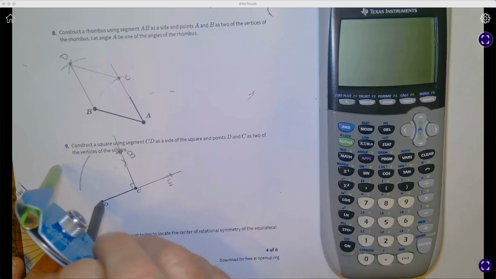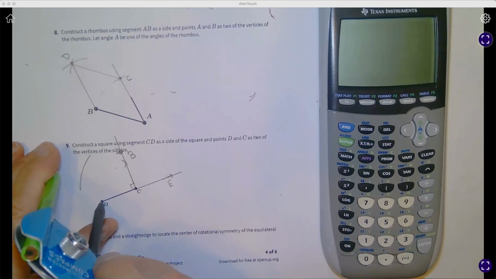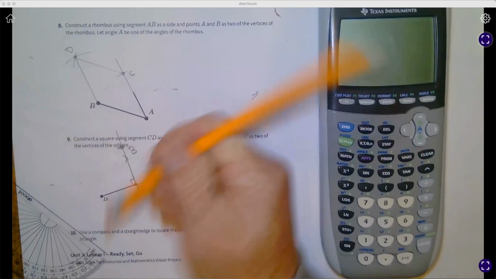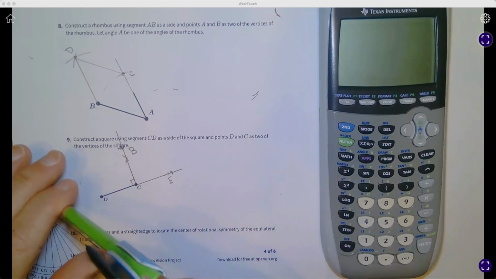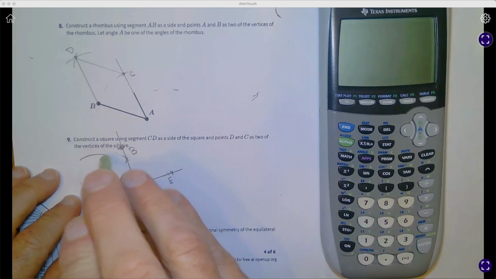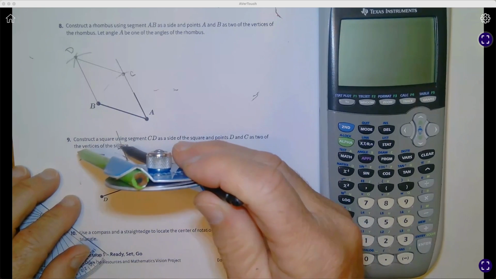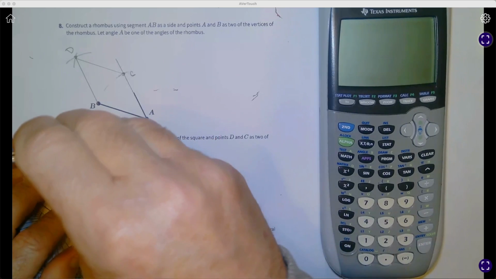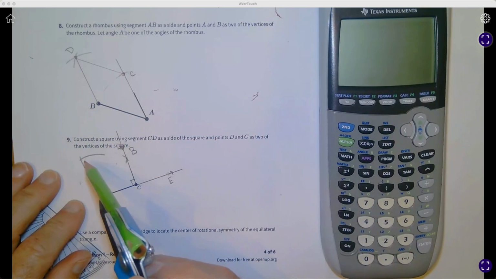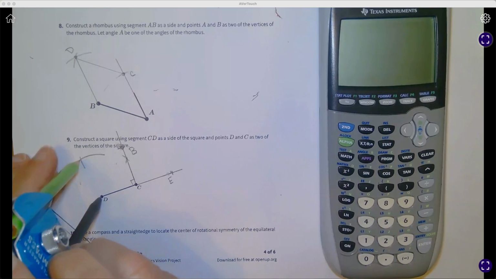Sorry, I should have gone here. I'm going to erase this. All right, so I'm going to make an arc out here, the distance from D to out here, boom. I'm going to go the distance from B out here, boom. That point right there is on the bisector.